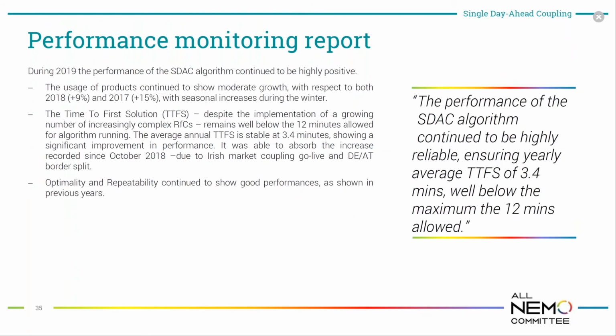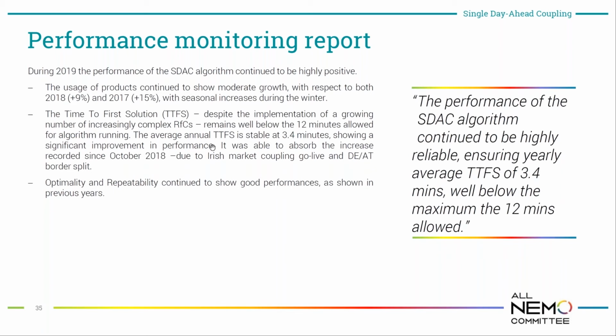We will follow now with the performance monitoring report, in which the usage of products continues to show a moderate growth. With respect to 2018, we have observed a 9% increase on average. Nevertheless, there are some exceptions that we'll see later.